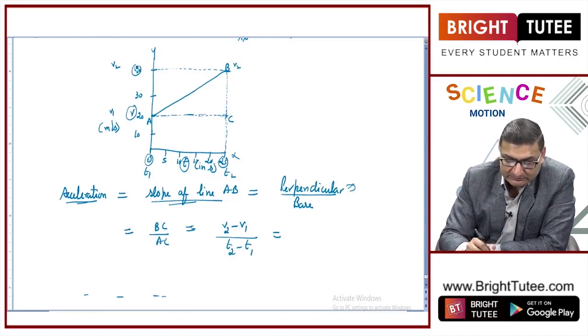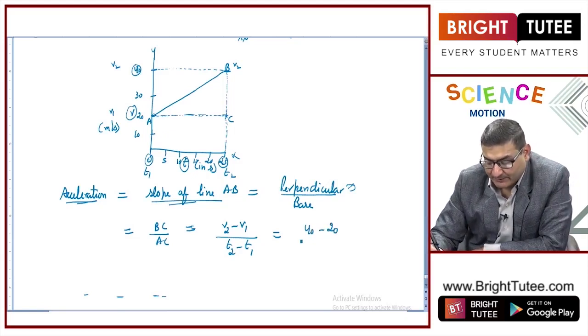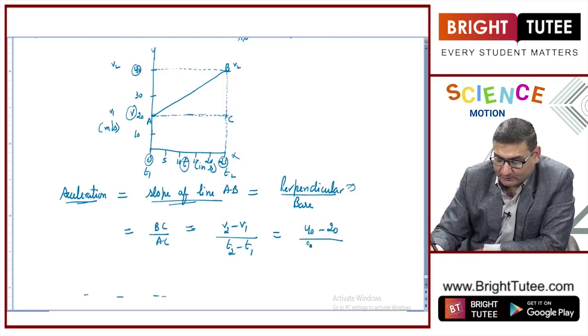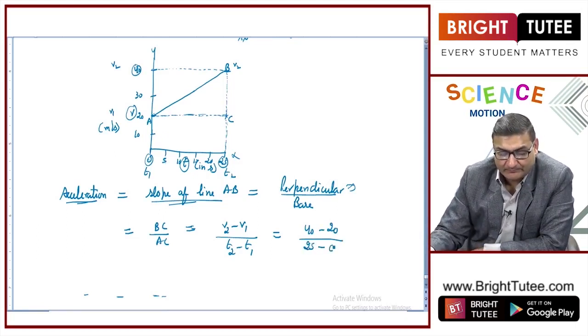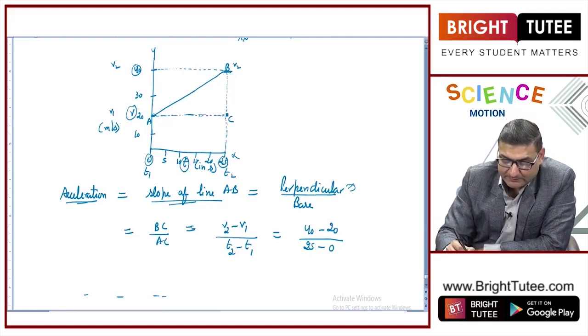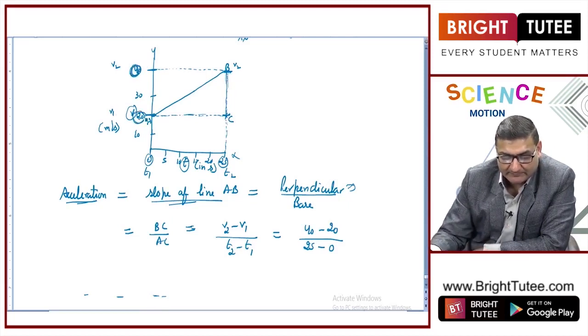Now, the V2 velocity is 40, the initial velocity is 20. So, the difference in velocity is 40 minus 20 meter per second, divided by time, where T2 is 25 and T1 is 0. We can see that this BC is equal to this part from 20 to 40. So, to calculate BC, we just take the higher value V2 minus the lower value V1.